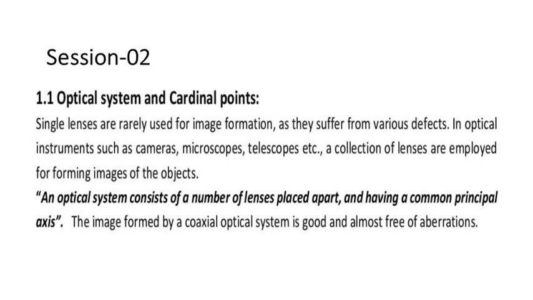An optical system consists of a number of lenses placed apart and having a common principal axis. The image formed by a coaxial optical system is good and almost free from aberrations.